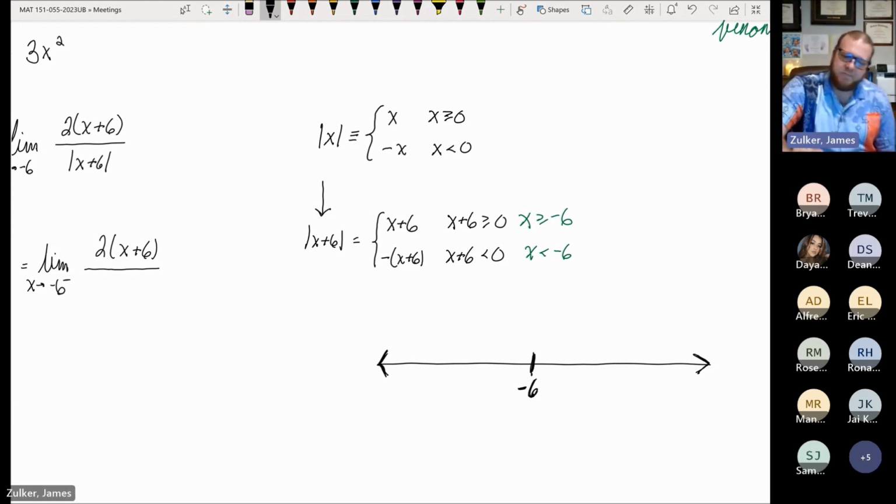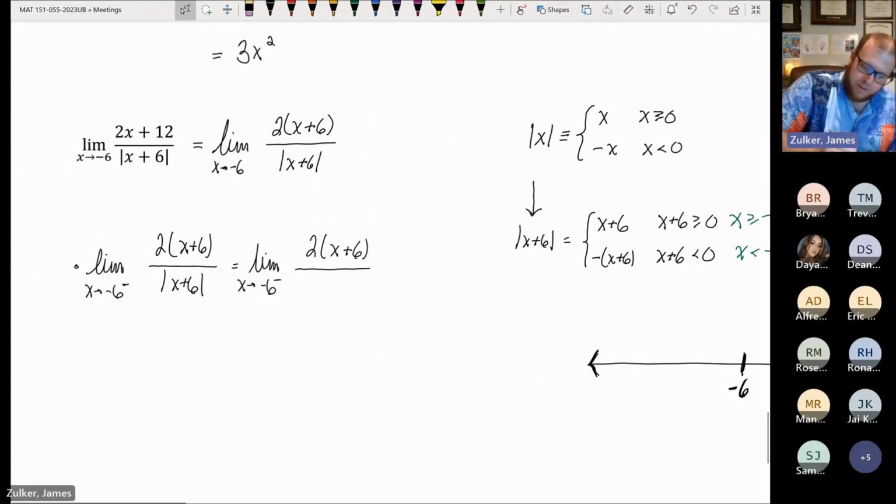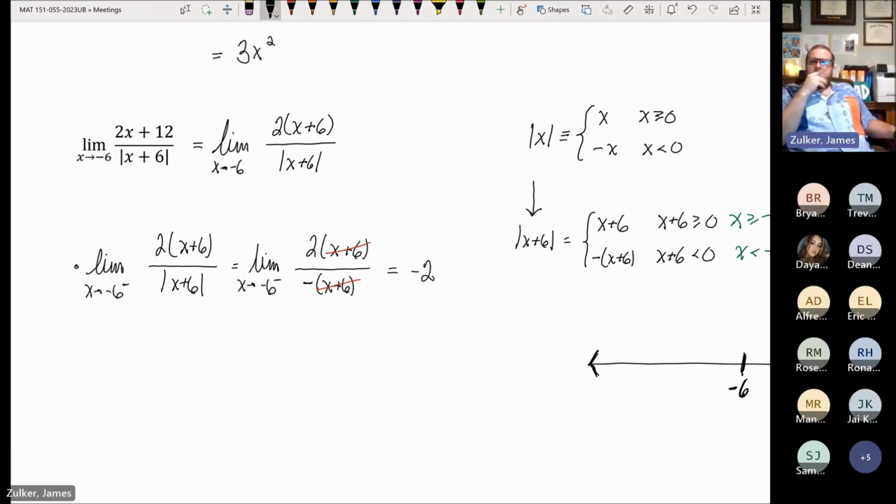Less than, right? Which means the absolute value of x plus 6 can be replaced with negative quantity of x plus 6. You're left with -2.